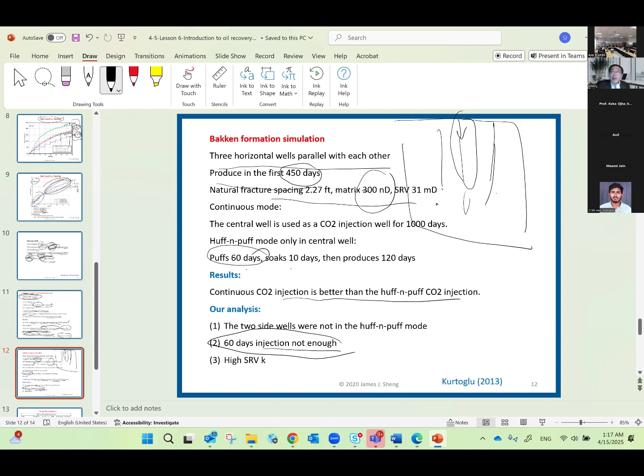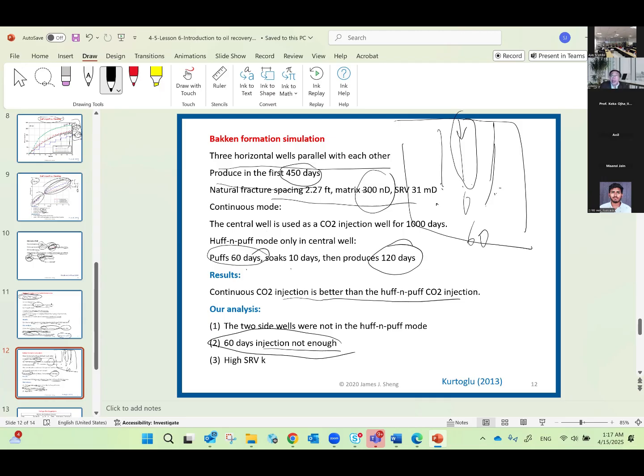You only have 1 well injecting in just 60 days, and you have 3 wells in production for 100 days, so your injected gas volume is not enough. That's the analysis.